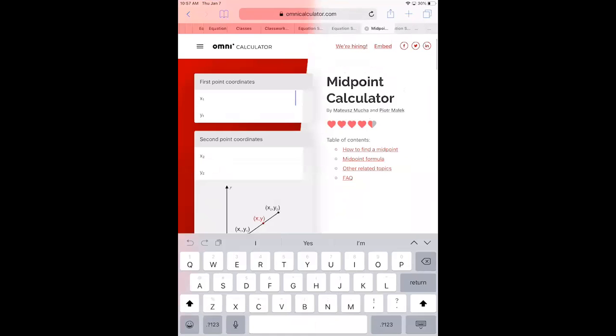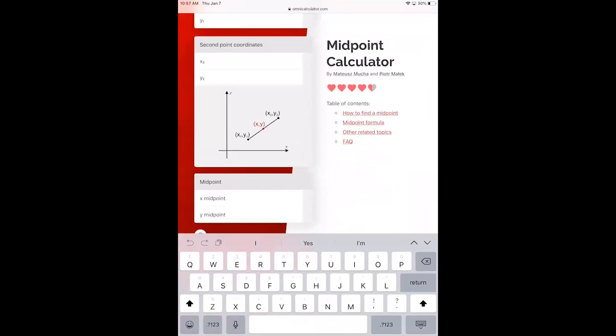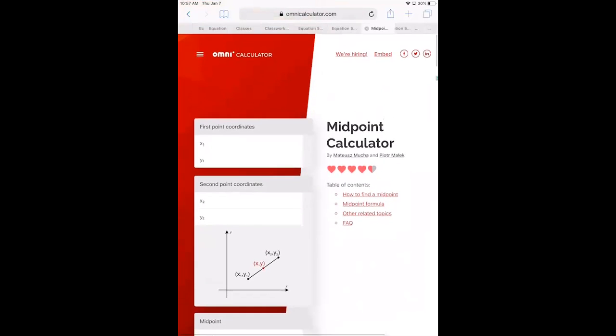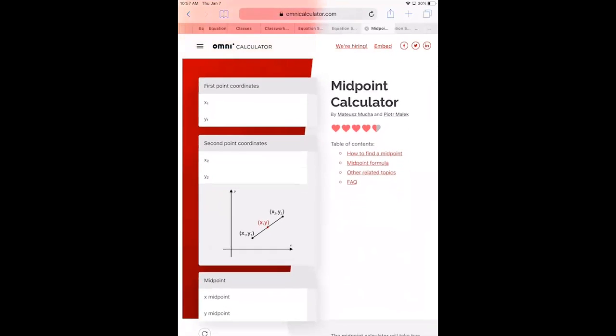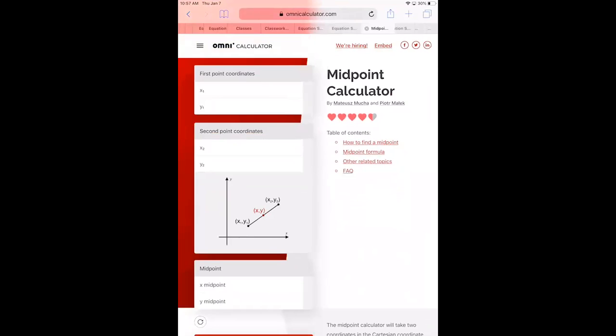All right, so when you open up this page, it's gonna look like this. It's gonna give you some options here. You could put in the first point coordinates, that's your X1, your Y1. You could put in the second point coordinates, that's your X2 and your Y2, or you could put in the midpoint, that's the X and the Y, okay?